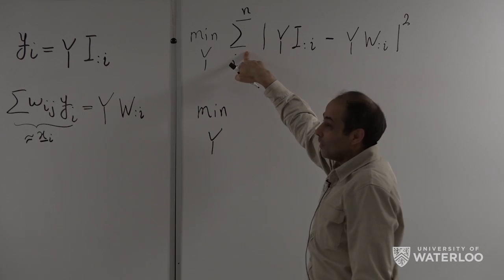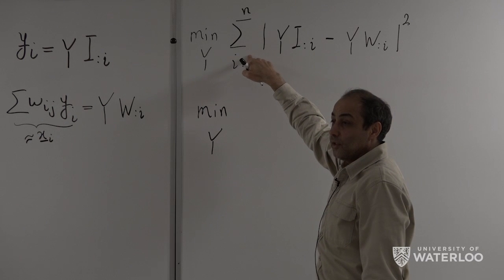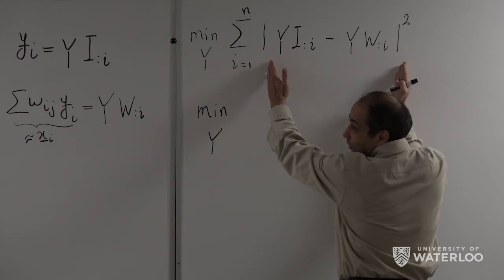I can also get rid of this summation here, because this is a summation of this norm.